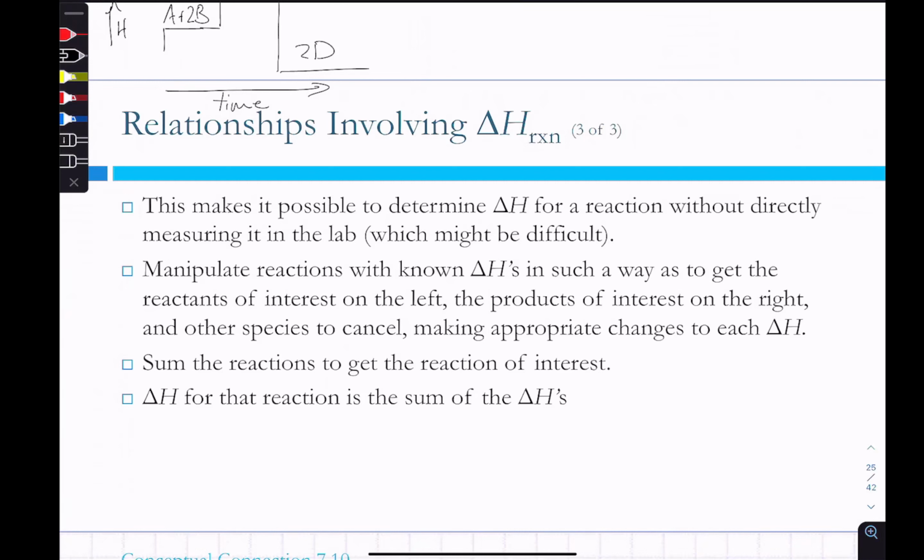You can go through and pick out previously done reactions and combine them together so that you get whatever reaction you're going to do. It will tell you if the reaction is going to be exothermic or endothermic, and how much heat it should produce under ideal circumstances.